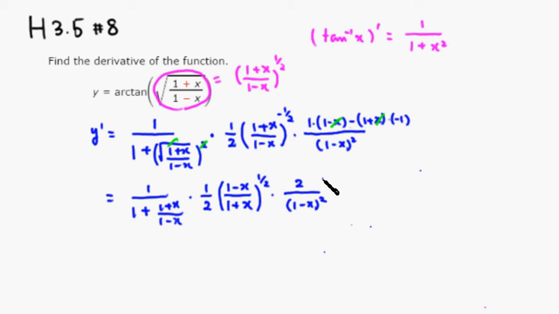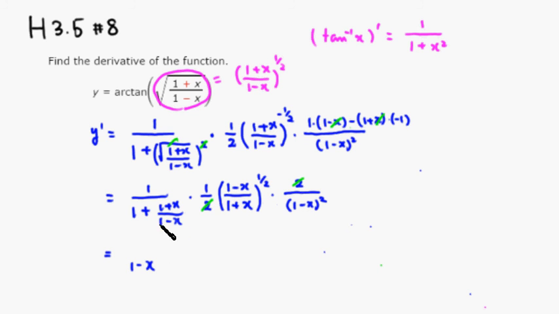So you have 2 on the bottom and 2 on top, cancel out. Then I'm going to actually borrow one of these guys to multiply here. So it's 1 minus x squared multiplied by 1 is 1 minus x.